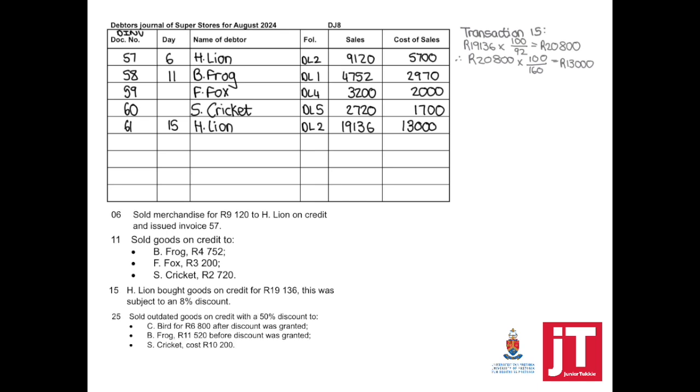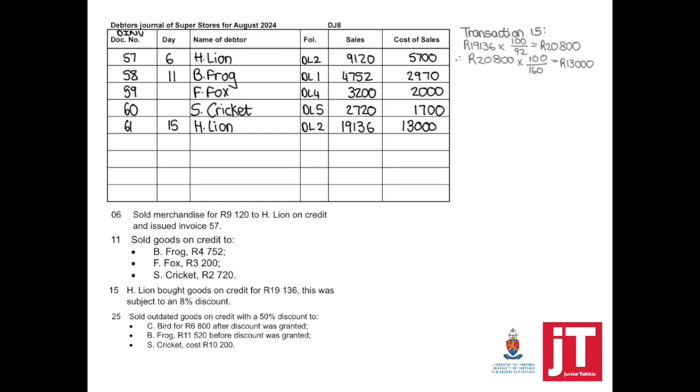Day 25, sold outdated goods on credit with a 50% discount to Seabird for 6,800 after the discount was granted. So now you need to look at each one individually before you just assume you have to times it by 50% to calculate the cost.